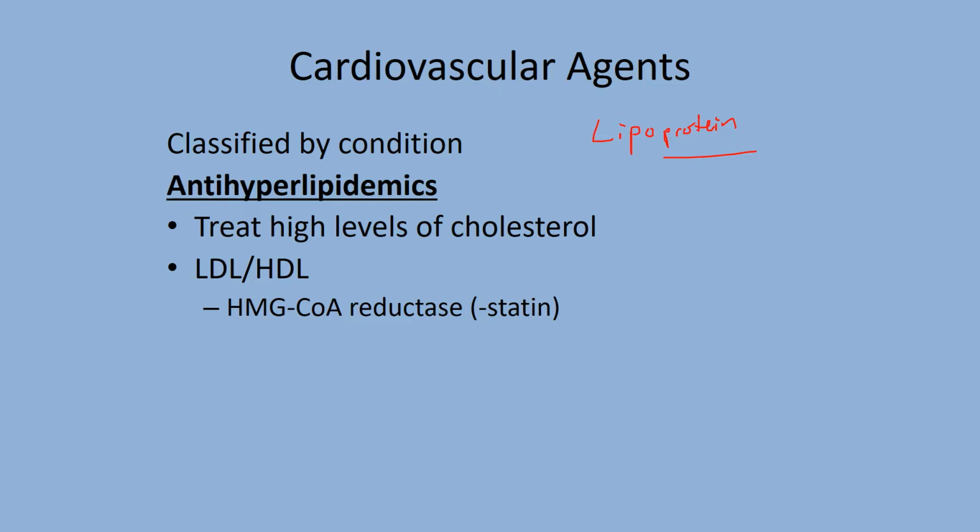The protein part is going to be heavier, like muscle. The lipo part is going to be lighter, like oil and fat. So if we have low density, that means there's a higher proportion of fat, whereas if we have high density lipoprotein, we'll have a higher percentage of protein.